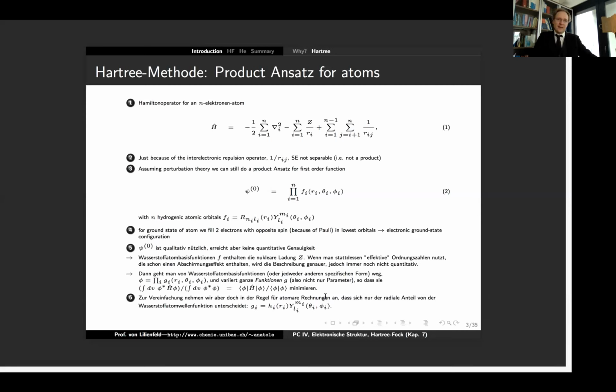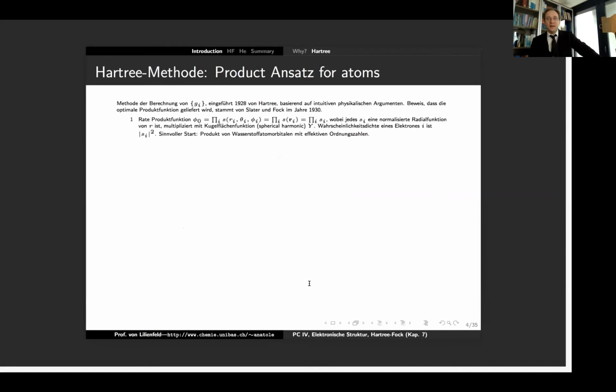But typically we presume that there's just a radial contribution from the hydrogenic atomic orbital.